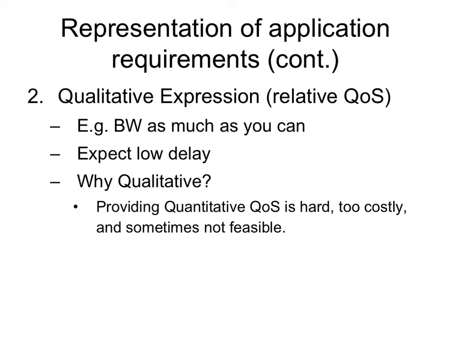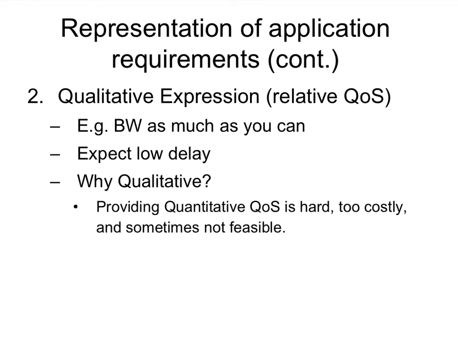We cannot actually set bounds on the delay and bandwidth. We cannot, because in one day the performance may be very, very good, on another day it may be very bad. And there is no bounds set on the type of service that you get from the internet. So in a way, this is qualitative. We cannot set any bounds. Sometimes it's relative.